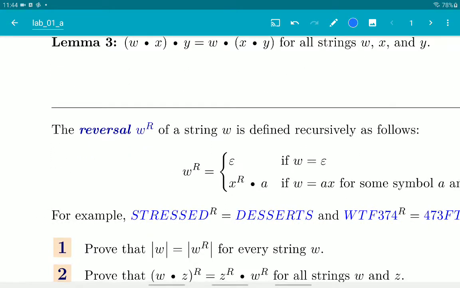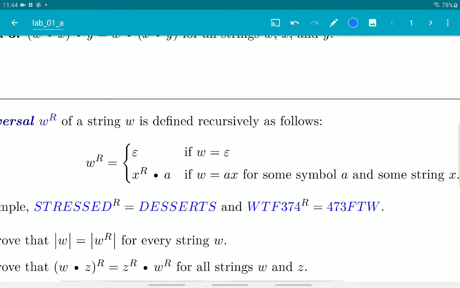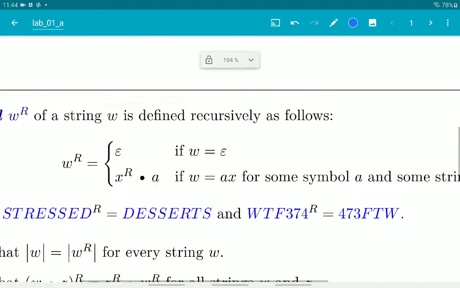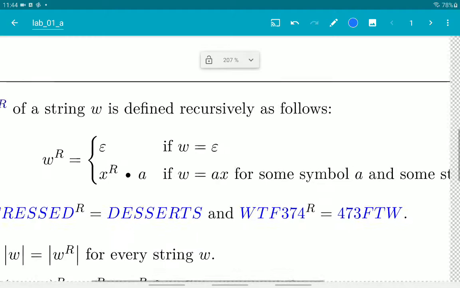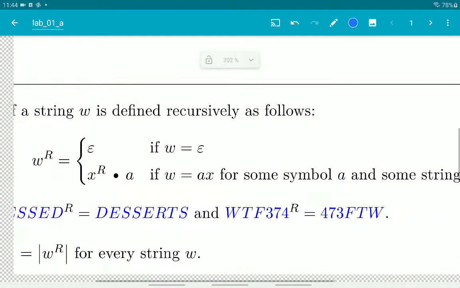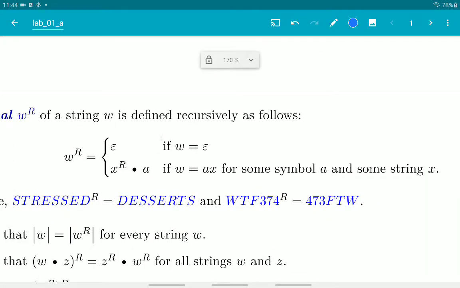Okay, next let's speak about reversal. A reversal of a string is just to take a string and reverse it. We are defining it recursively, because why not? Otherwise it would be too simple. If the string is empty, the reversal is just the empty string.